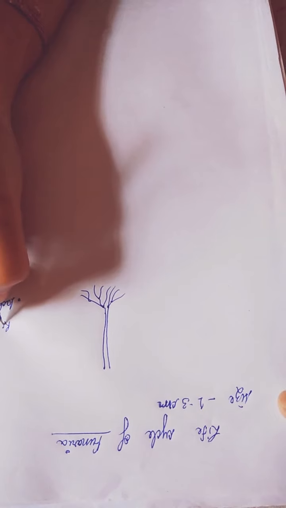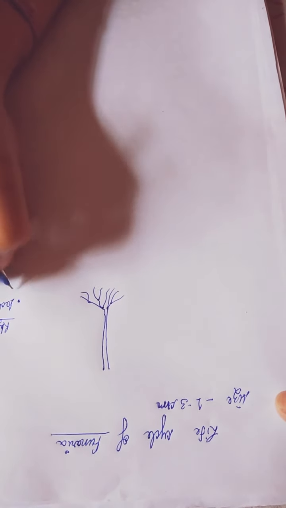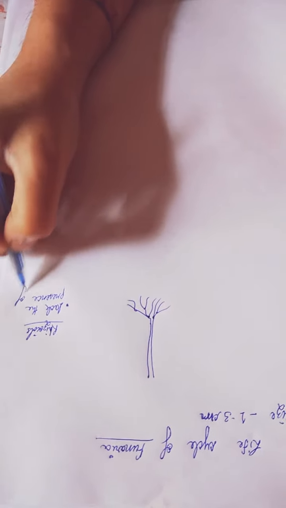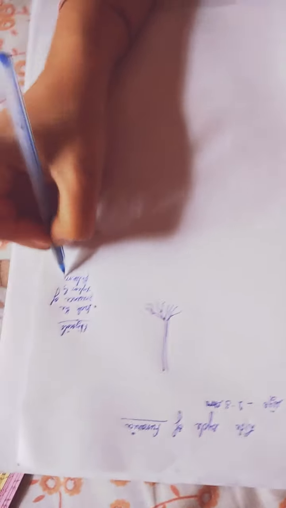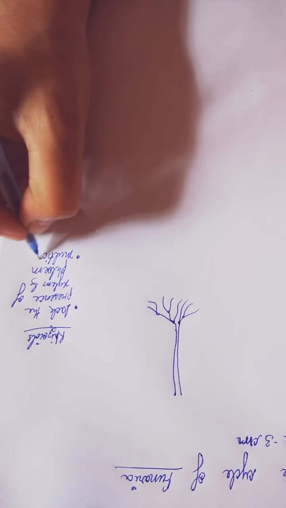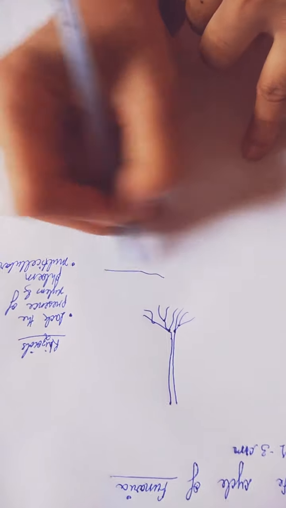So the first thing about the roots is the lack of xylem and phloem. The second thing is these rhizoids are multicellular, and because they are multicellular, they have the presence of the septum.